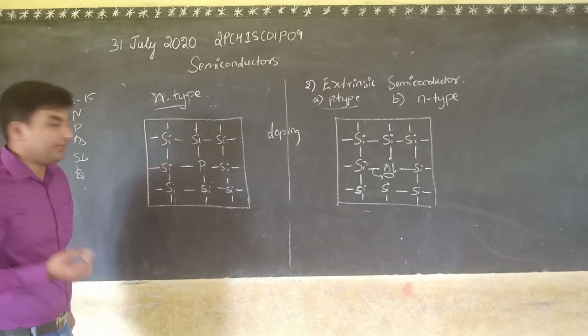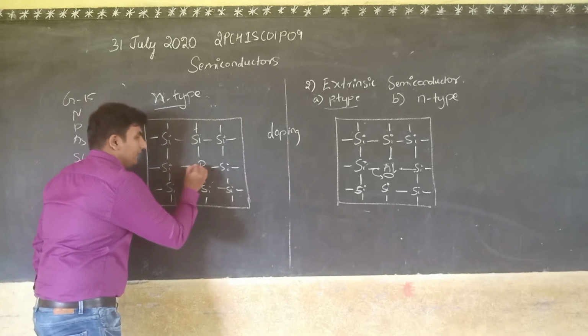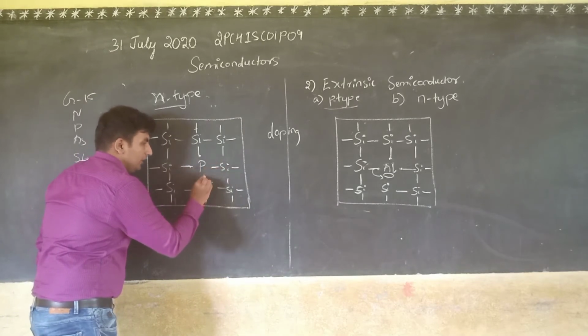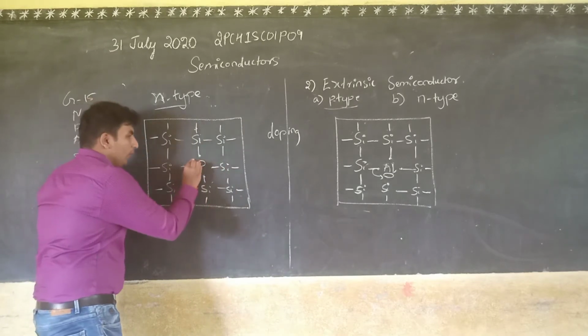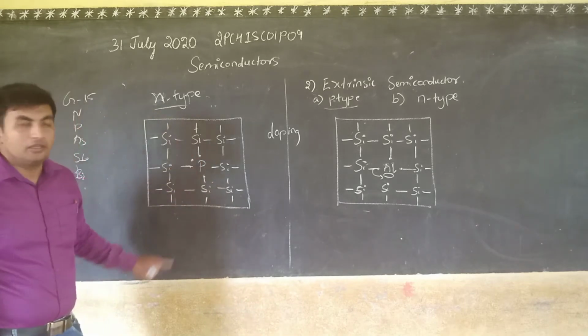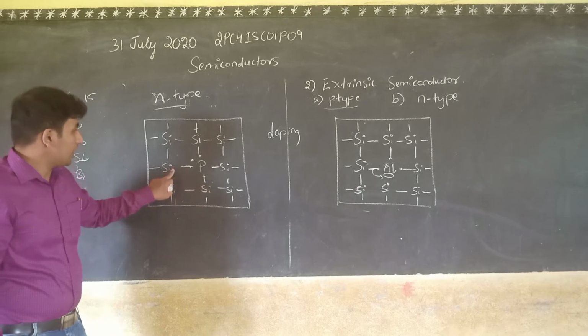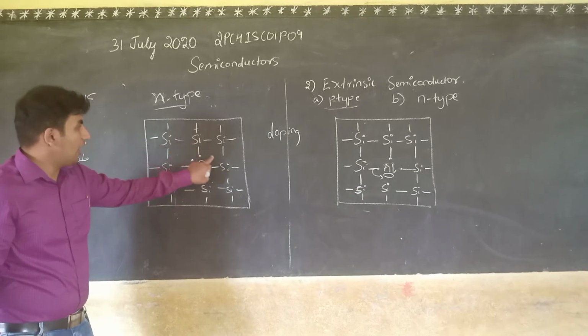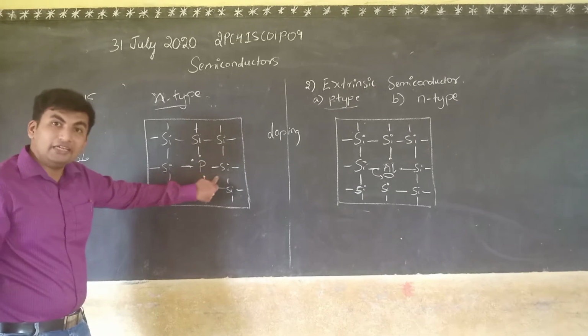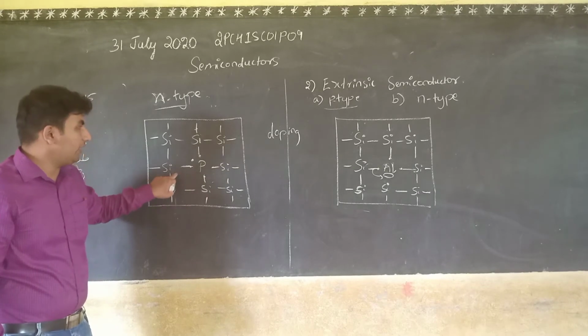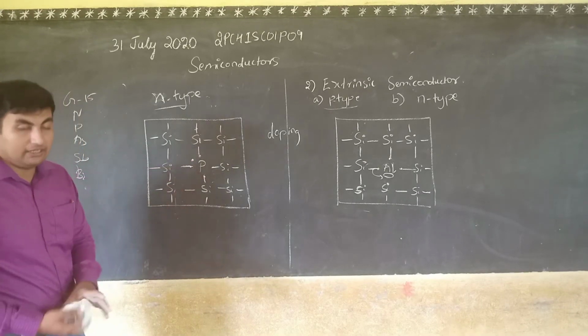The outermost shell contains 5 electrons: 1, 2, 3, 4, and 1 more electron here. These 4 electrons are shared with the silicon atoms to form covalent bonds, and 1 more electron is present here.